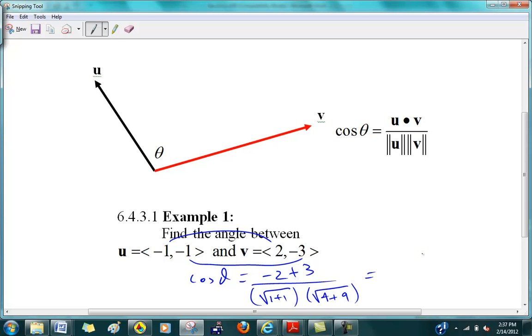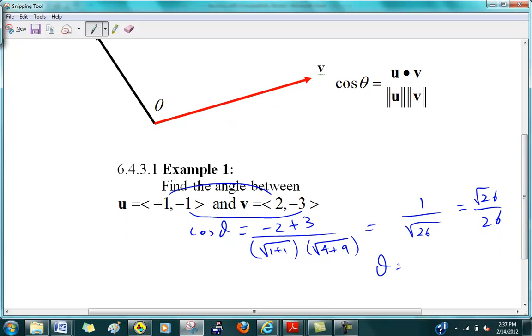So this gives me 1 over square root of, let's see, that's 13 and that's 2, that's square root of 26. So this becomes root 26 over 26, and then to get the angle you'd have to go theta equals cosine inverse root 26 over 26, and you know how to plug and chug this on your calculator.